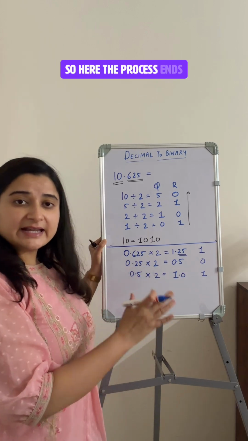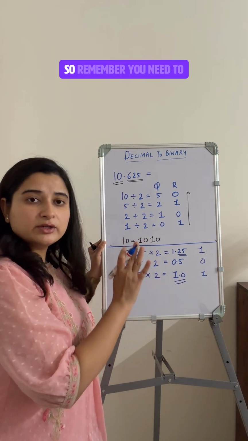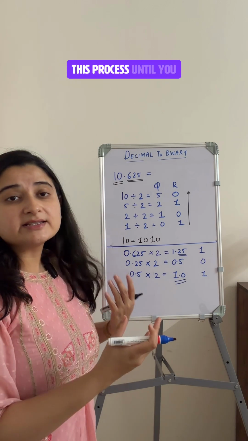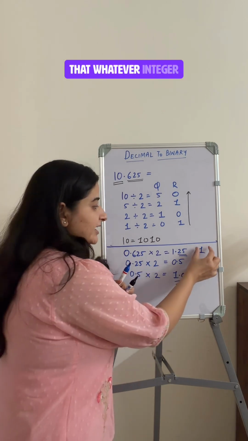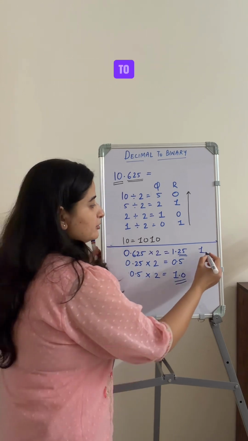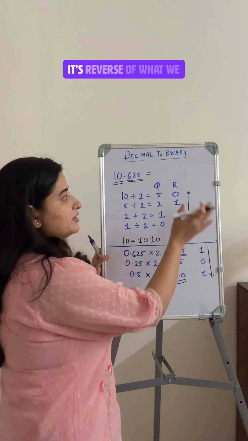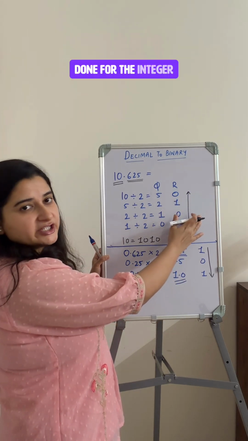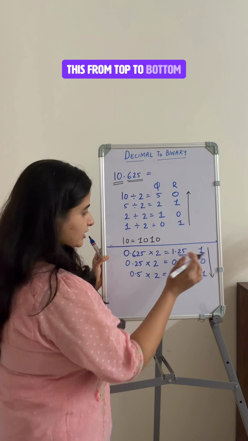The process ends because we have already achieved the result 1. Remember, you need to do this process until you get the result 1. After that, whatever integers you have noted, you have to consider from top to bottom. It's the reverse of what we had done for the integer part.